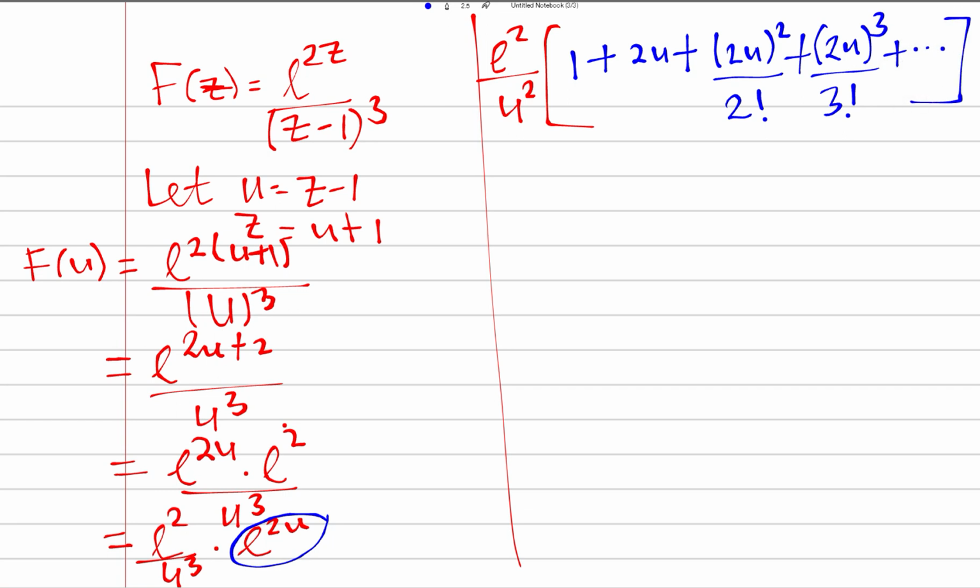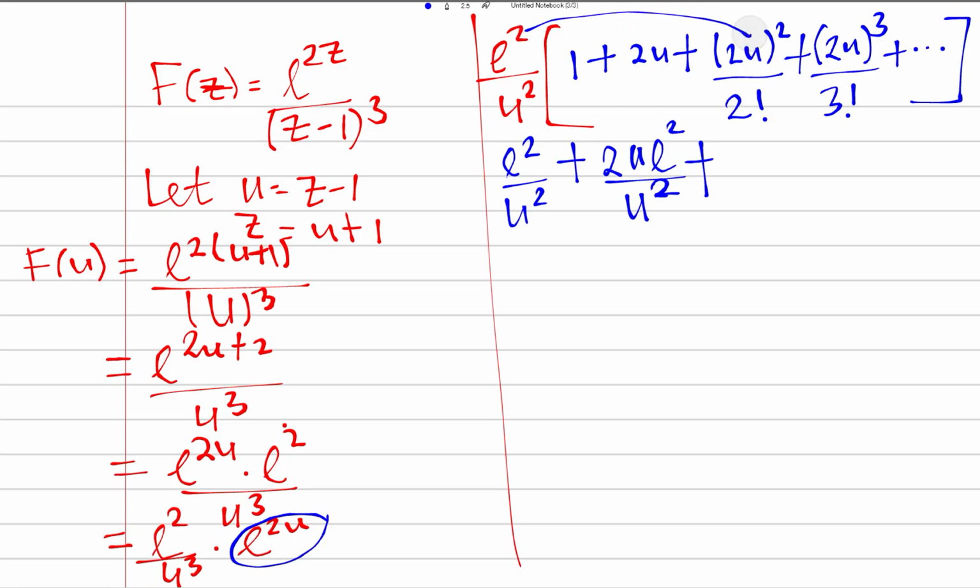So now let's open the brackets. We are going to have exponential 2 over u squared multiplied by 1. Plus, let's do the second one: 2u multiplied by this gives us 2u e raised to power 2 over u squared. Plus the second one: e squared multiplied by this one.